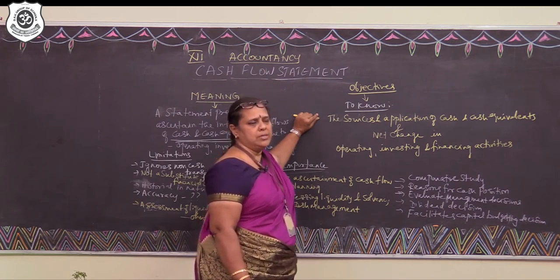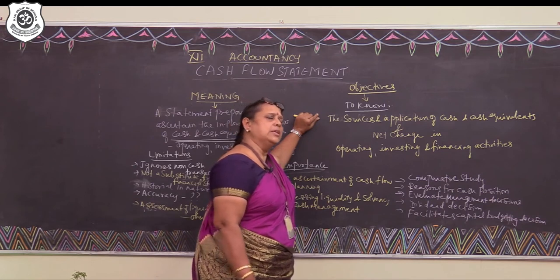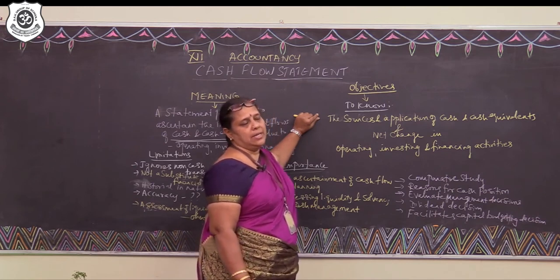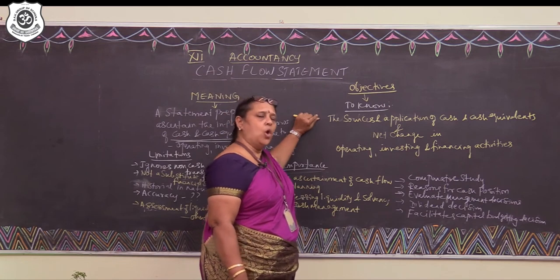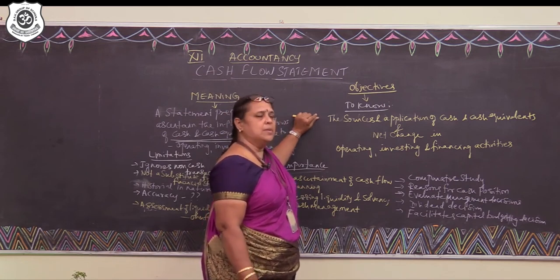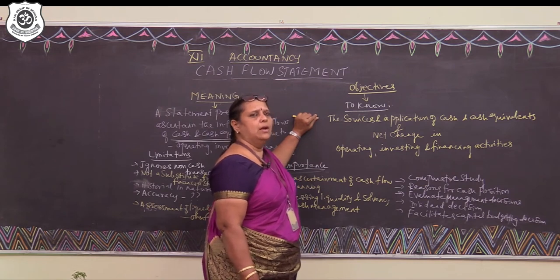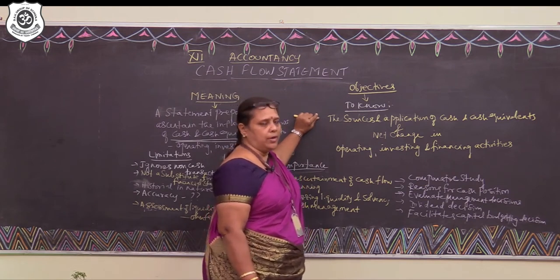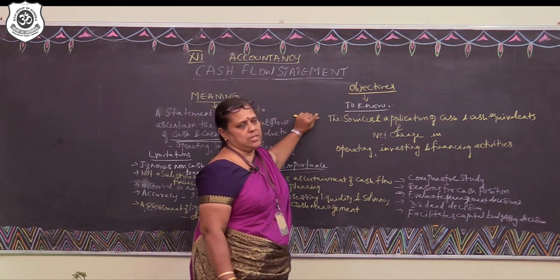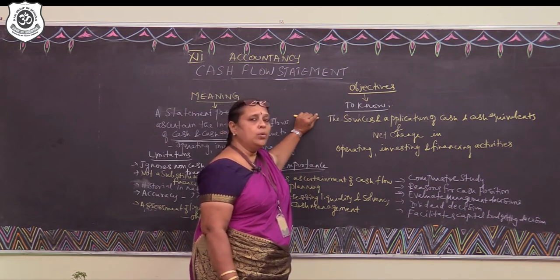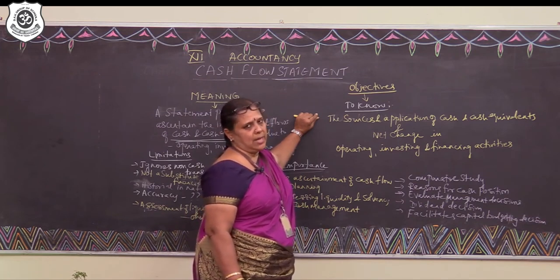Okay, from the base year to the current year, there is an increase in some of the assets, there is a decrease in some of the assets, some of the long-term borrowings have increased, some of the non-current assets have increased. This is very general information that we are trying to infer from the given financial statements. But the accountant cannot leave the information as such.